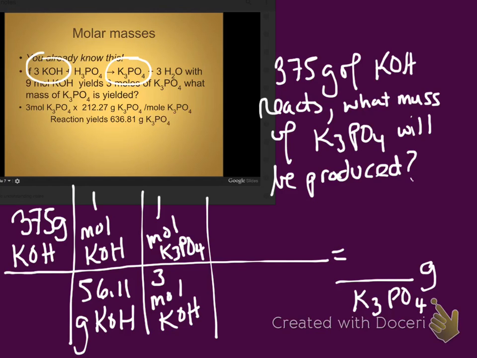If we stopped right there, we would be in moles of potassium phosphate, but that's not what we want. So what do we have to put next and down to cancel? Moles of potassium phosphate. And what units and chemical are going to go in that last top box? Grams of potassium phosphate, K3PO4. Do we have a molar mass for this?